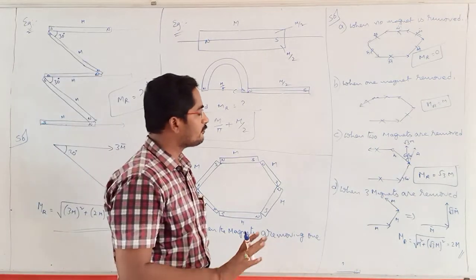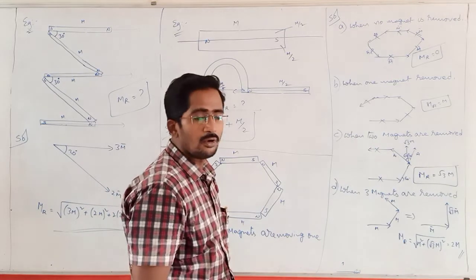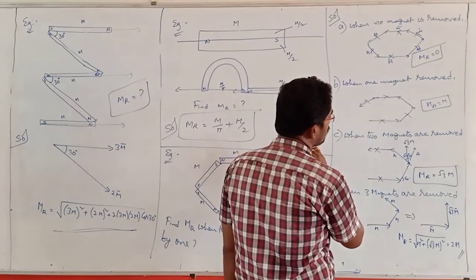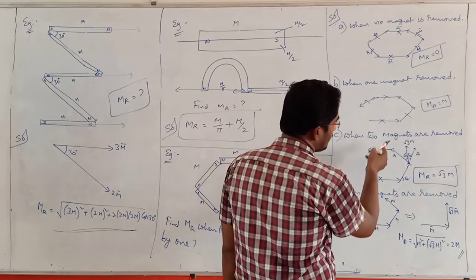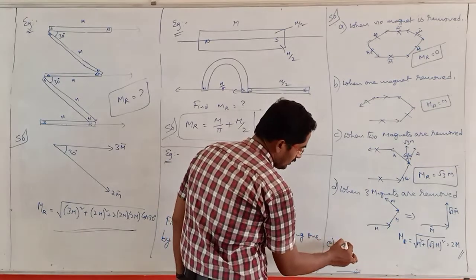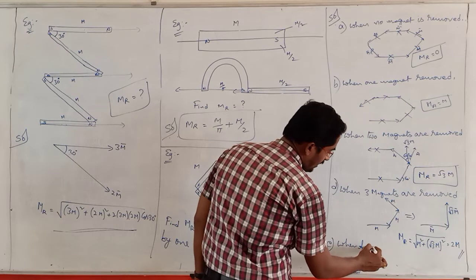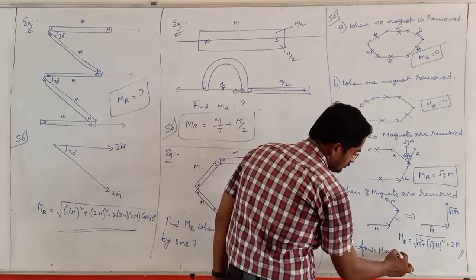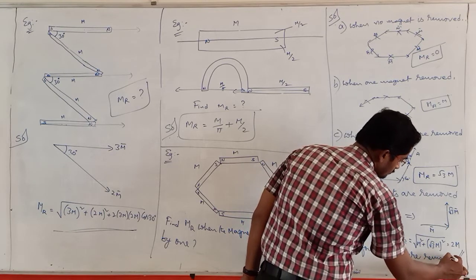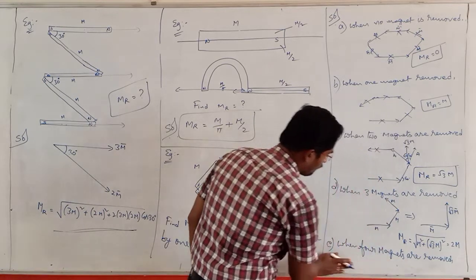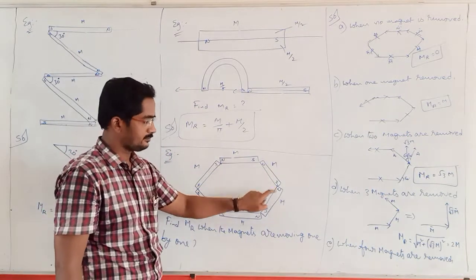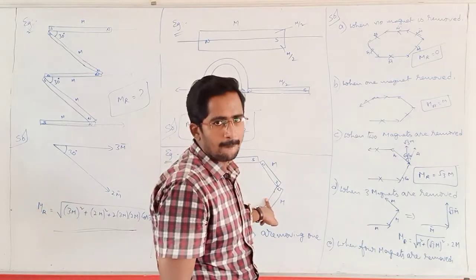Next, whenever 4 magnets are removed, what shall we get? Whenever 2 magnets are removed here, the answer we obtain is root 3m. The same answer we are getting when 4 magnets are removed. Whenever 4 magnets are removed here, 1, 2, 3, 4, only 2 are remaining. What is the resultant magnitude then? Root 3m.